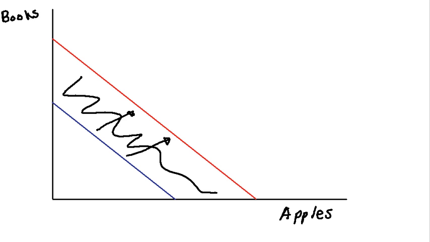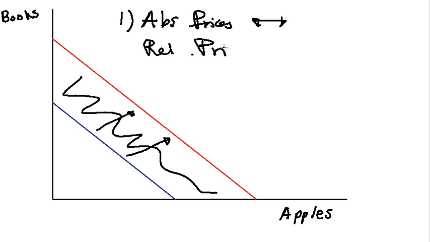It turns out that there are two equivalent ways in which we can interpret a movement from the blue budget line to the red budget line. The first one is perhaps more intuitive. In this one, the absolute prices remain constant, and therefore the relative prices remain constant. We always need relative prices to remain constant in this type of move, because otherwise the slopes of these two budget lines would be different, and as we can see in this movement, the slopes of the two budget lines are the same.